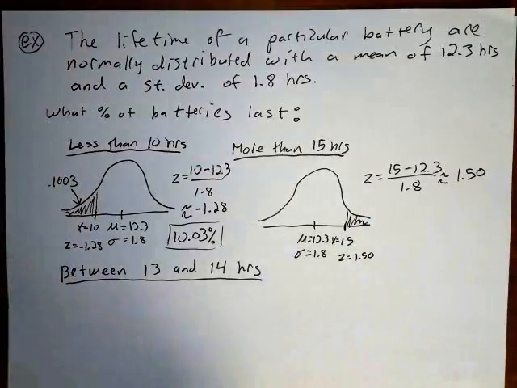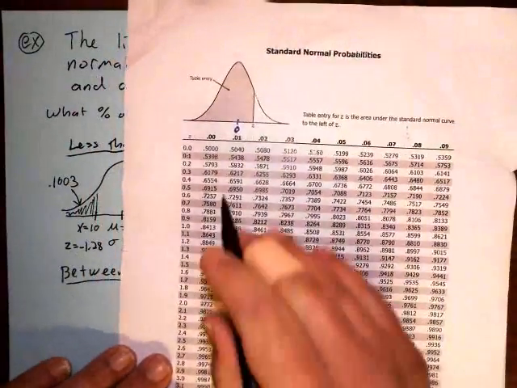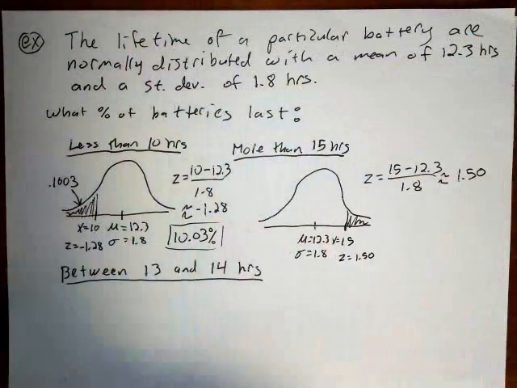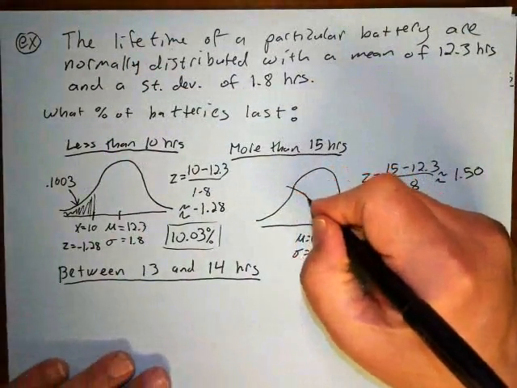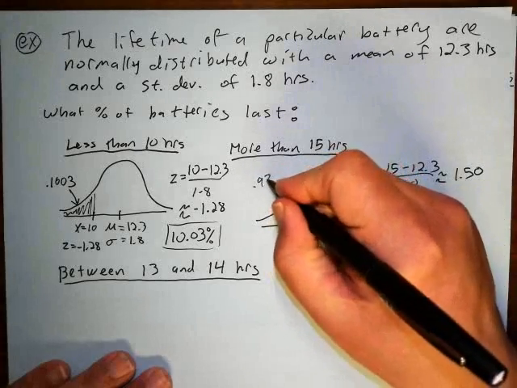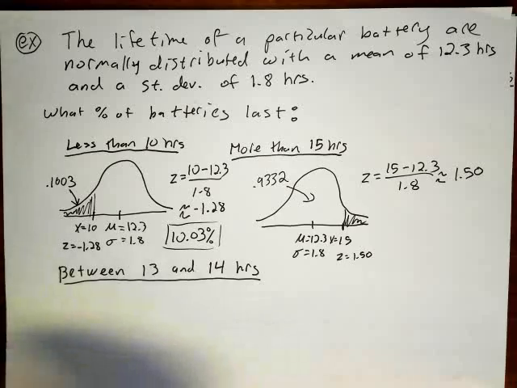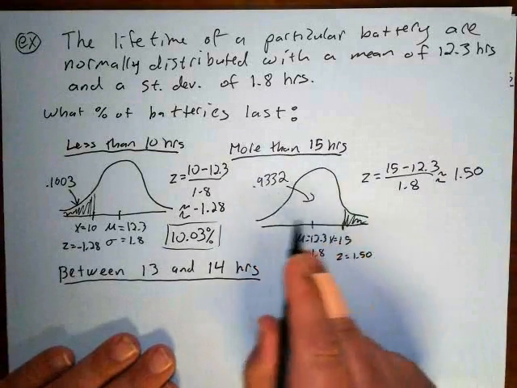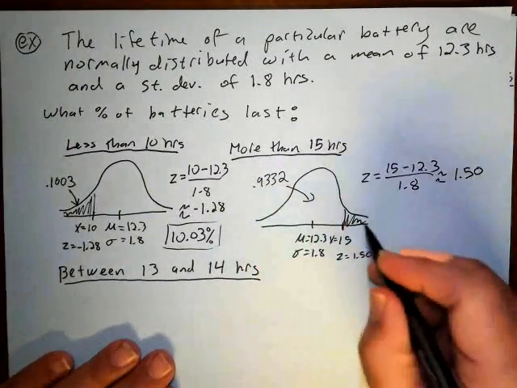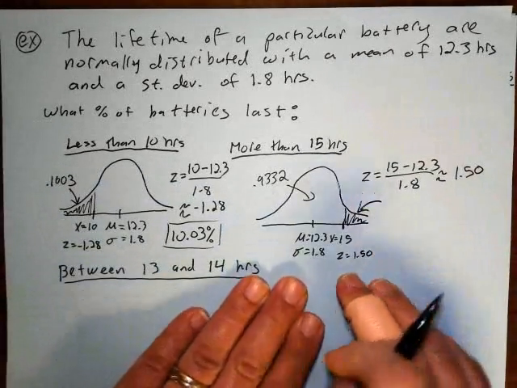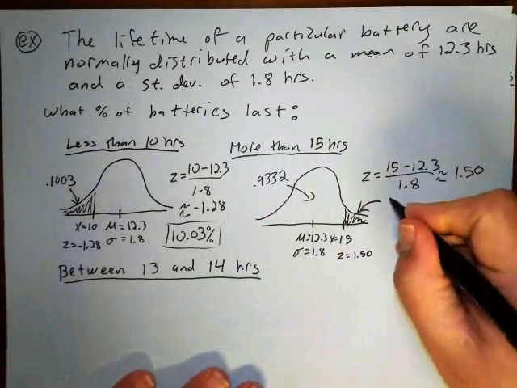So I'm going to look that up on the positive side of my table, 1.50, and I get 0.9332. So clearly that's the area below, the majority of the area below, but I want the area above. So this is that second case where you have to subtract from 1.